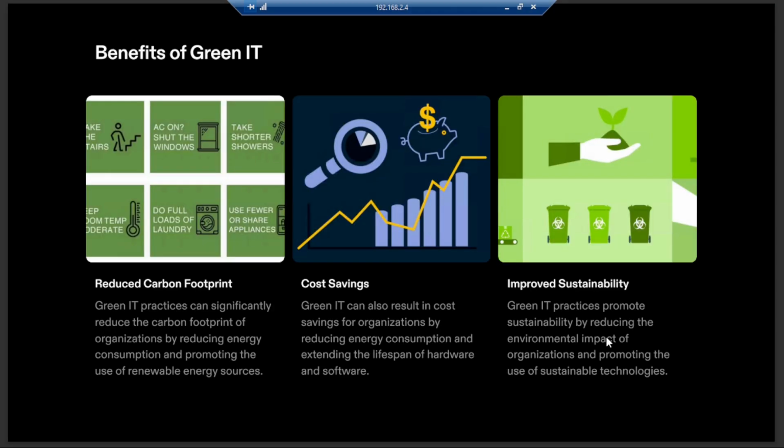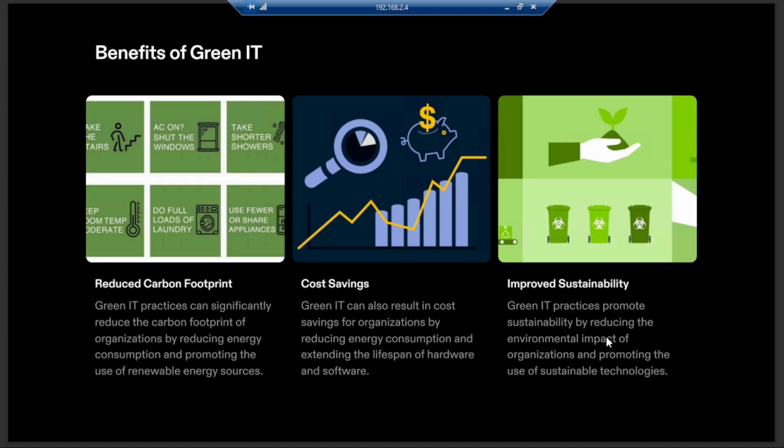Now, let's see some benefits of Green IT. The very first thing is reduced carbon footprint. Green IT practices can significantly reduce the carbon footprint of organizations by reducing energy consumption and promoting the use of renewable energy sources.